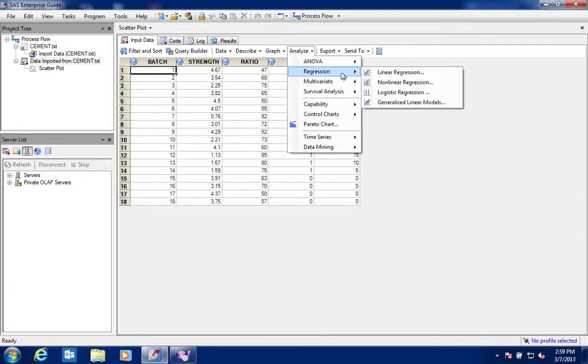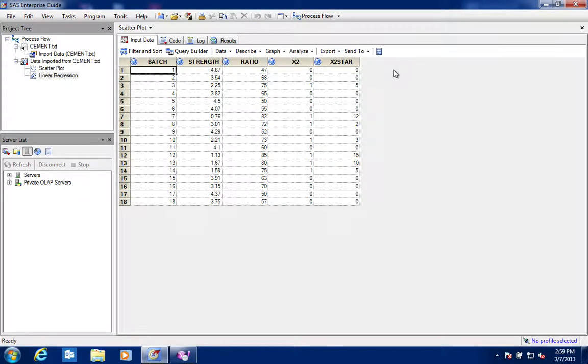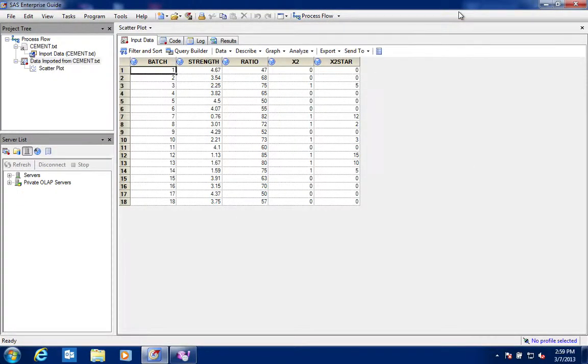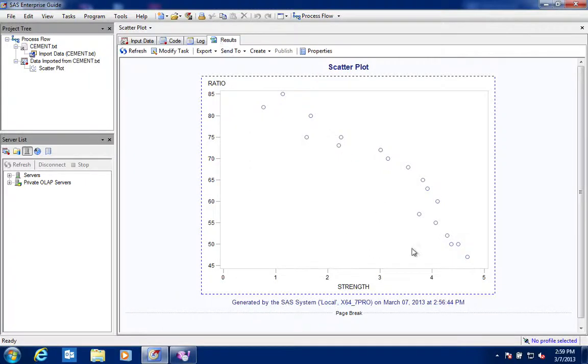by the way, this column X2, if you look at the data, if you look at the scatter plot and result, you see that 70 on the ratio is the point where the slope is changed, right?